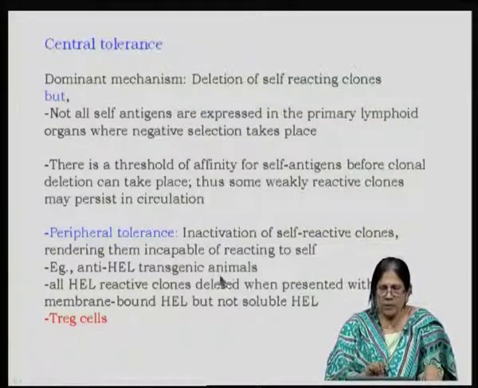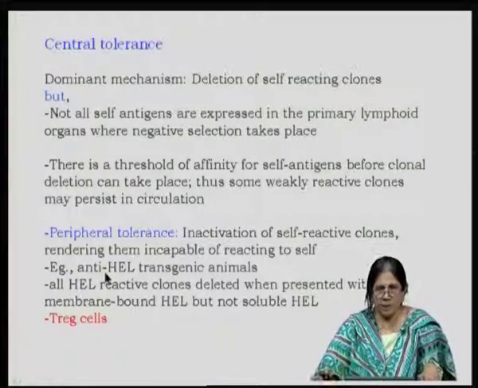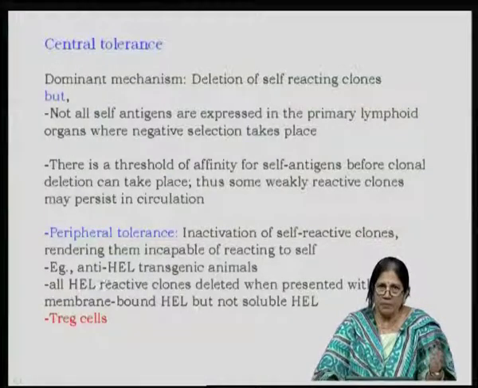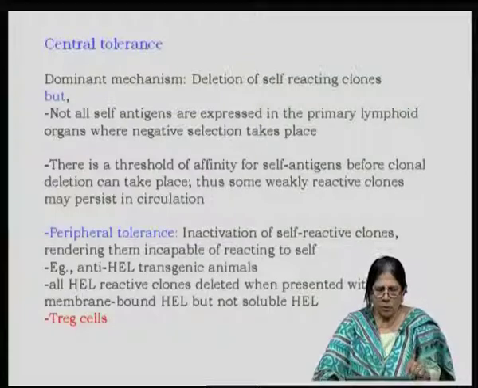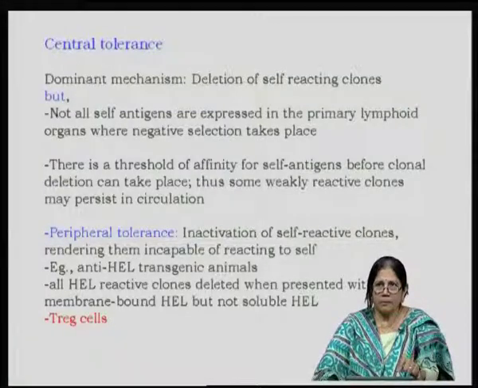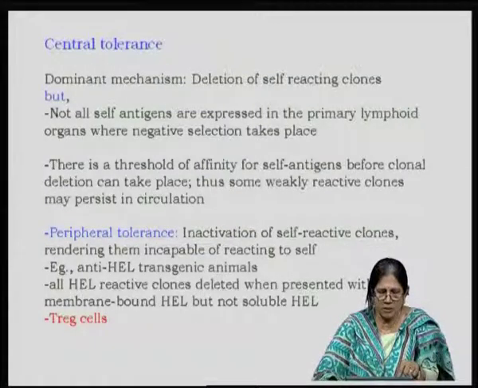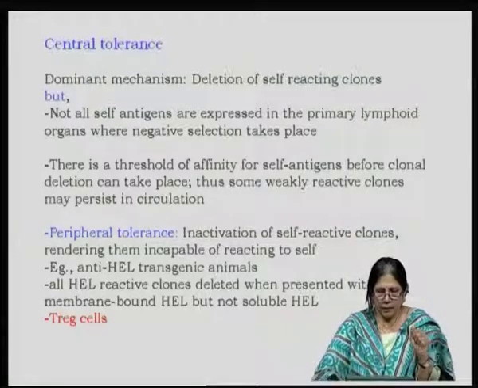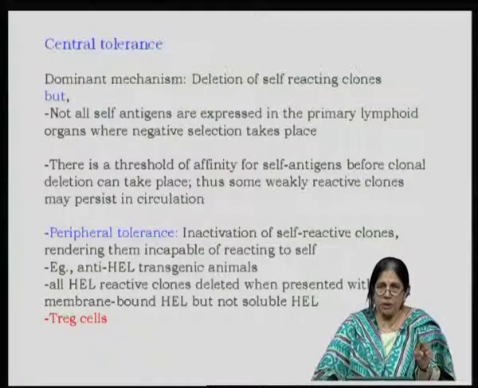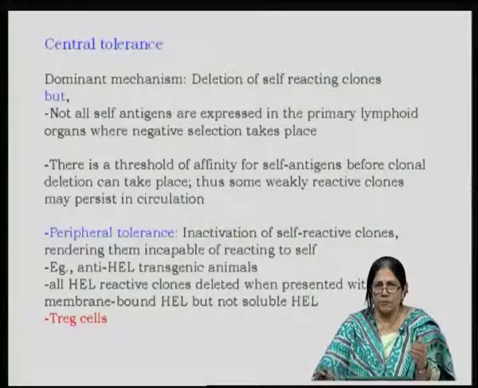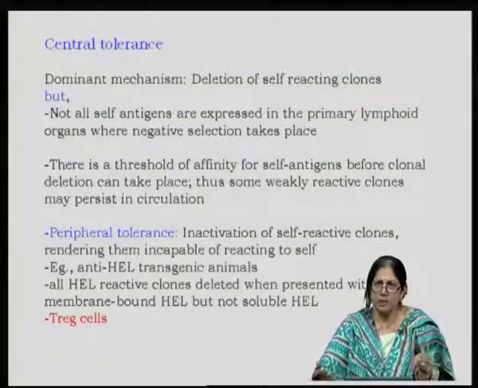So, now there is a transgenic mouse that has been made to anti-HEL. So, a large number of B cells would have receptors for binding specifically to HEL. Now, in these animals it has been seen that when HEL, hen egg lysozyme, would be an artificial system in case of mice.